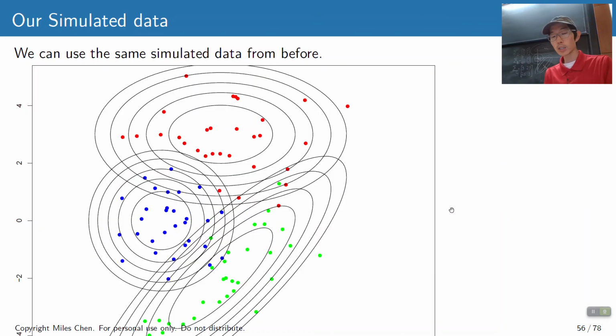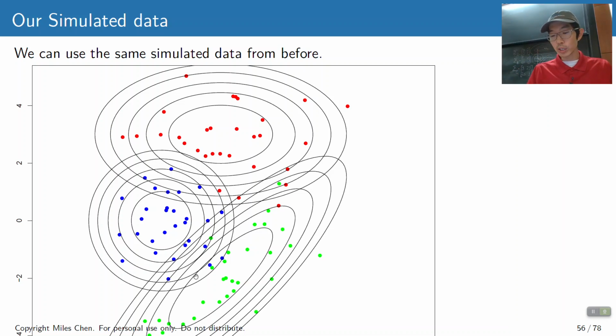Okay, so we're going to use the same kind of training data. We have our three classes, A, B, and C. And this is the original data came like this, okay?